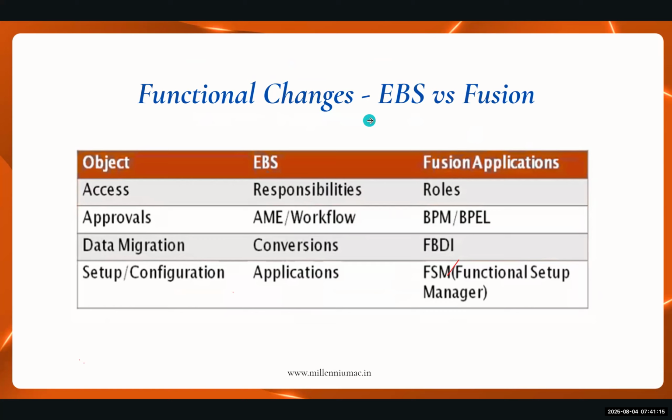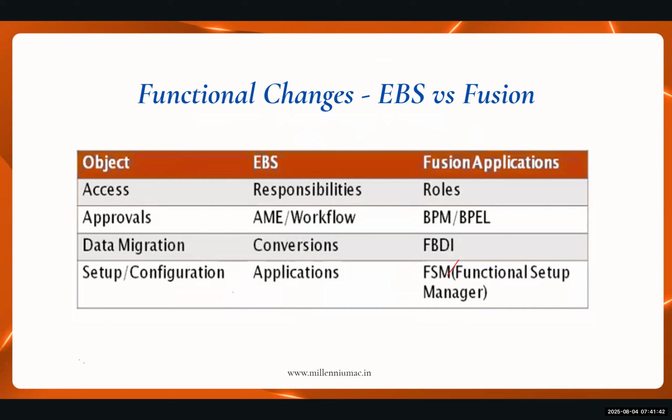Coming to the functional changes from EBS to Fusion. So access related. In any organization, you have access based upon your designation. If you are a supervisor, you have certain access. If you are an end user working on accounts payable or any particular module, you will have certain access.